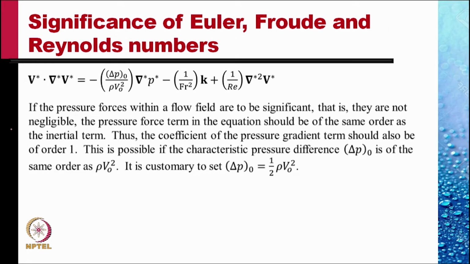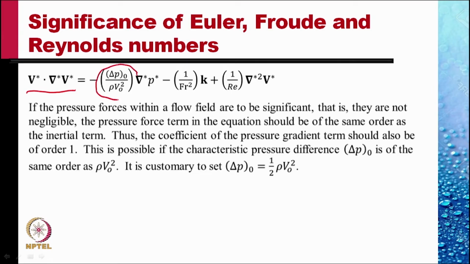If the pressure forces within a flow field are to be significant, that is, they are not negligible, the pressure force term in the equation should be of the same order as the inertial term. Thus, the coefficient of the pressure gradient term should be of order 1.